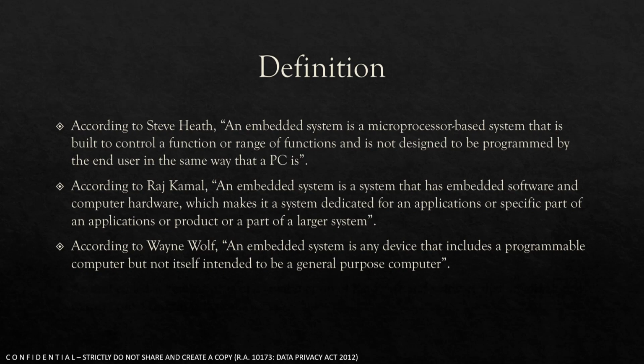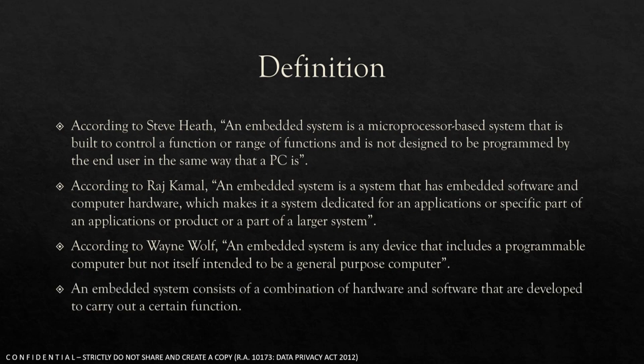So, based on the different definitions, we could say that an embedded system consists of a combination of hardware and software that are developed to carry out certain functions. So it can be said as a dedicated computer system that has been developed for some particular reason.